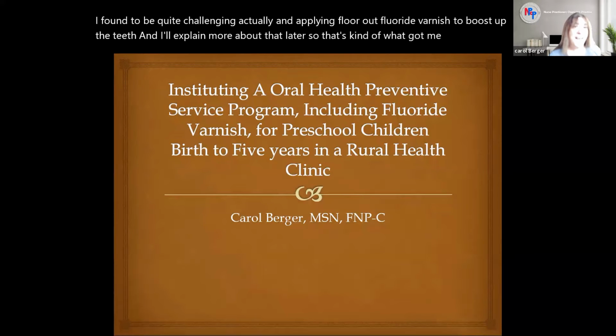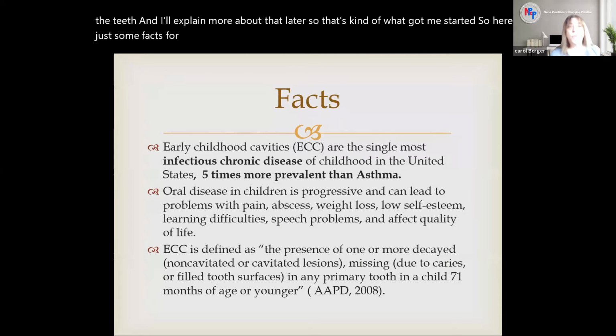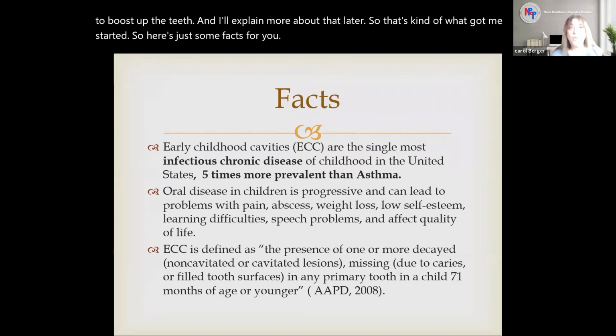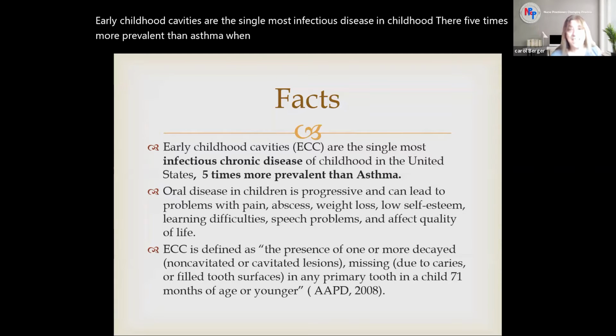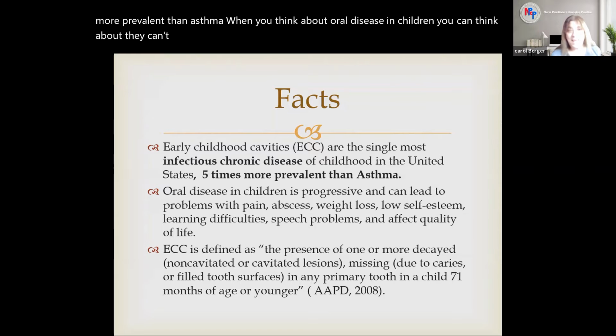So here's just some facts for you. Early childhood cavities are the single most infectious disease in childhood. They're 5 times more prevalent than asthma. When you think about oral disease in children, they can't really identify the pain they're in. It affects how they eat. If they have teeth that are missing, it can affect how they speak.